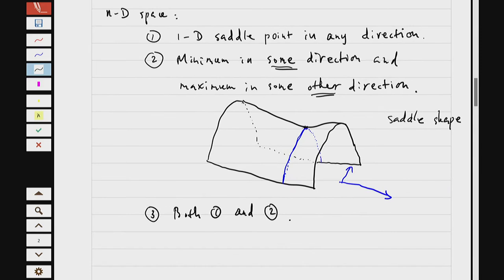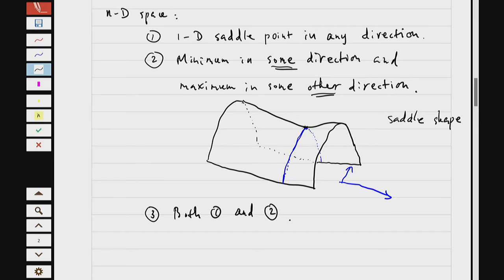And an important point in machine learning is that we always have to deal with very high dimensional space, right? Because the number of parameters in our model is our dimension. We tend to have many, many dimensions. And this situation happens very often, because you have so many dimensions, so many different directions to go, that these kinds of things can happen. So you have a lot of saddle points in high dimensional functions.